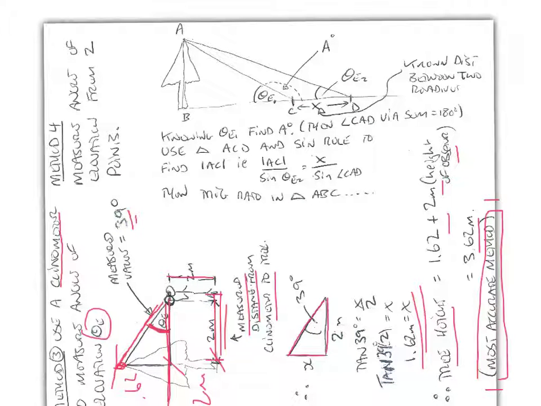And there's a fourth way to find the height of any given object, this height AB, and that would be to take two measurements of an angle of elevation.